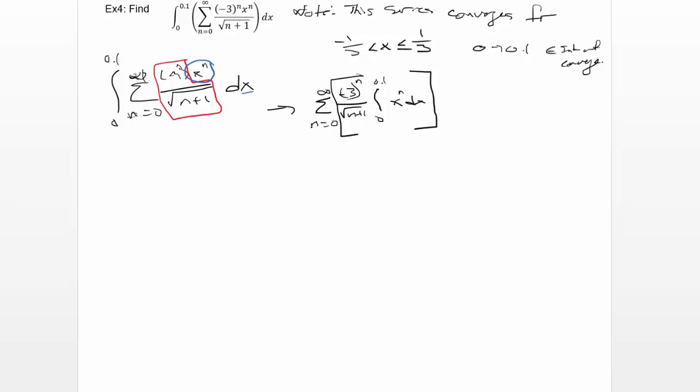So for each term of this form, I'm just copying down the stuff that doesn't change. And then this integral is just x, increase the exponent by 1 and divide by the new exponent. And I'm going to evaluate this for x's between 0 and 0.1.